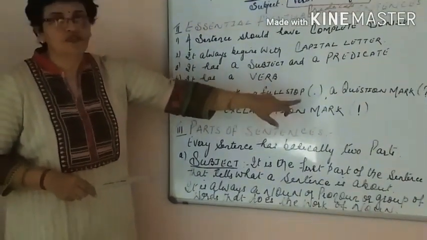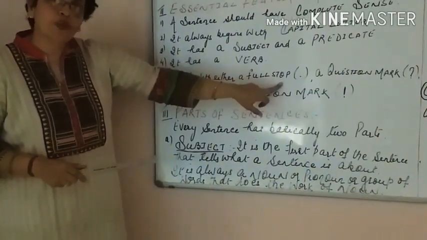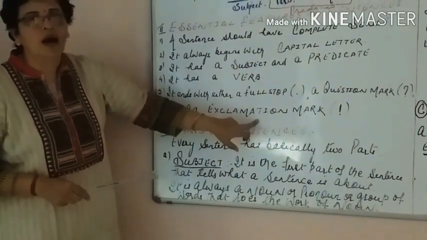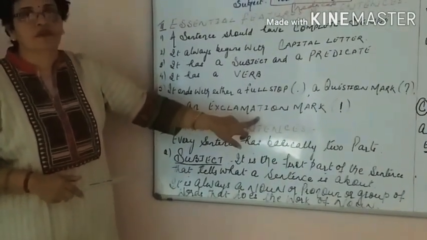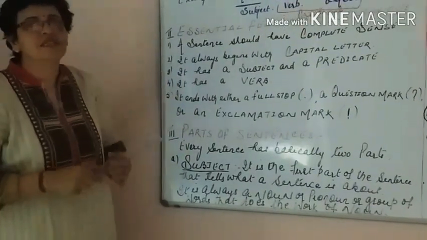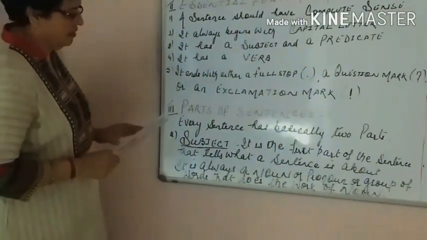It carries a full stop. Okay, what are you doing? It carries a question mark. And wow, she's so beautiful! It carries an exclamation mark. But all the three sentences are complete and they are giving us a complete sense.